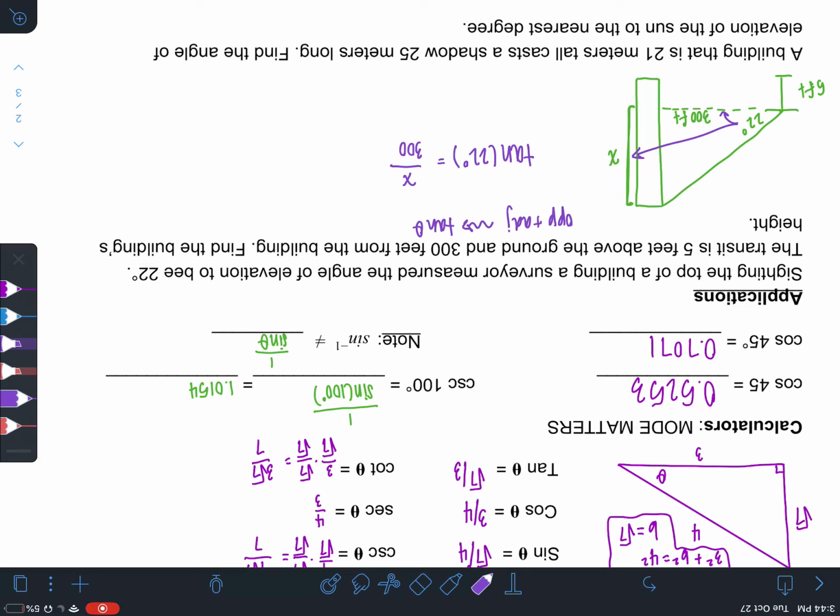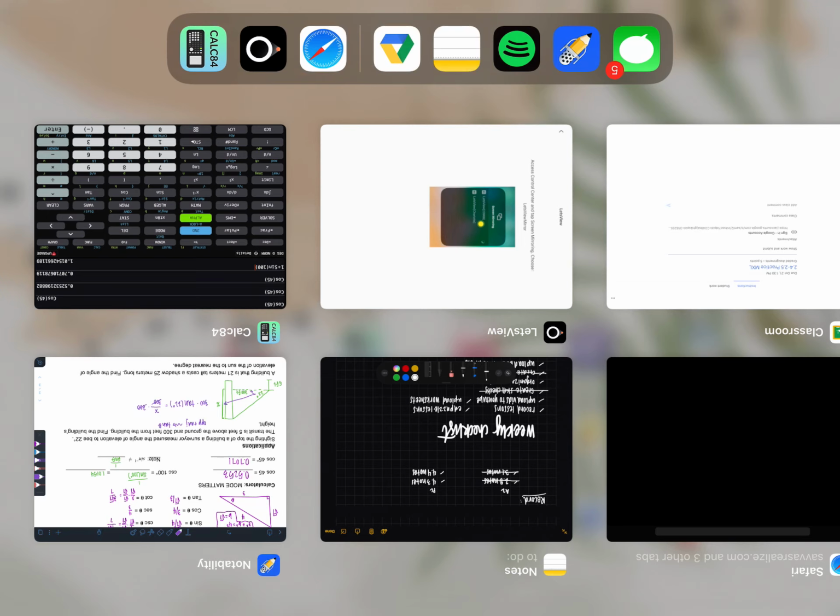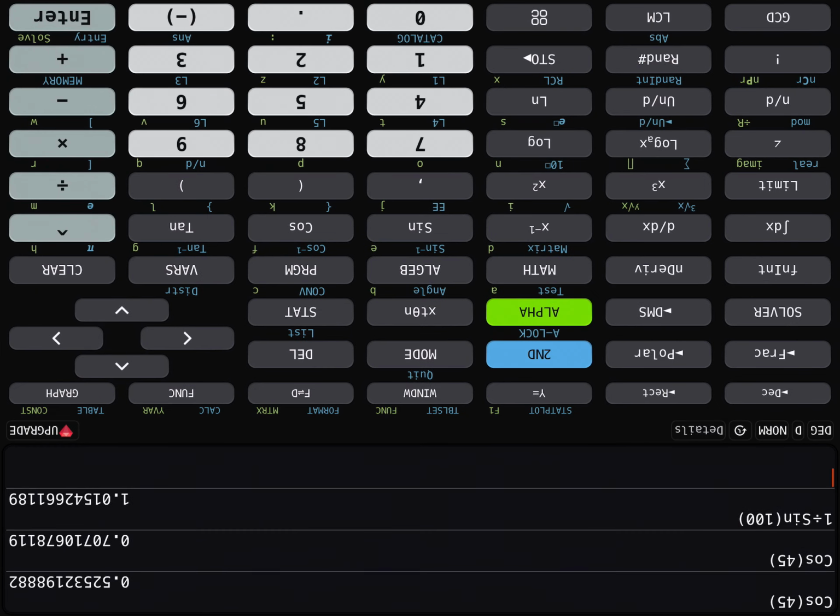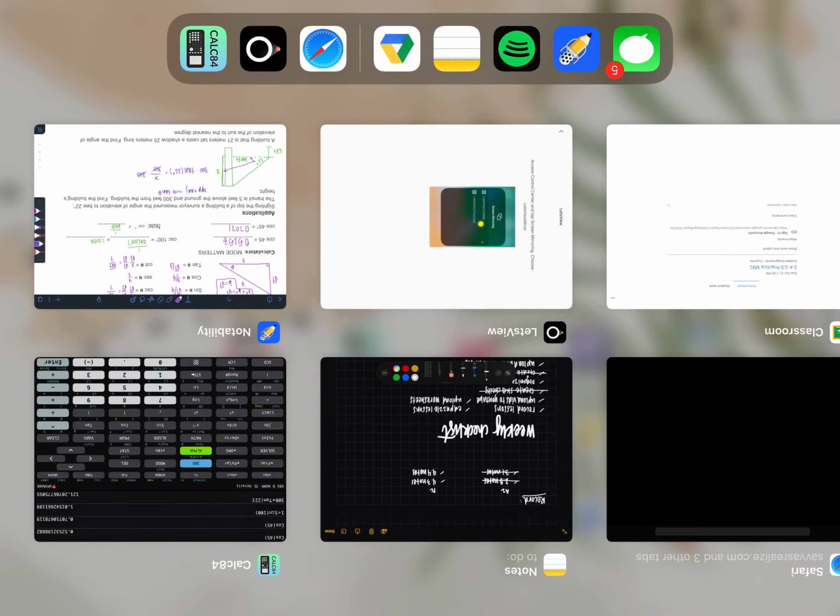To solve for x, I'm going to multiply both sides by 300 and type that into my calculator. So I'm going to have 300 times tangent of 22, and that's in degrees. So 121.21.